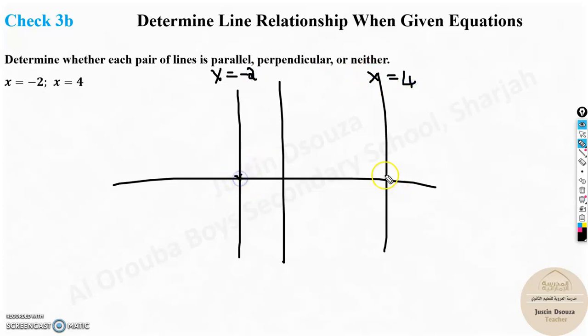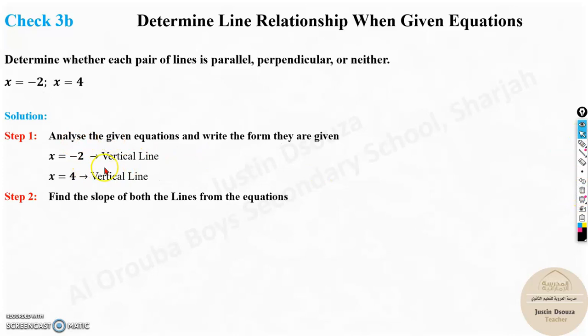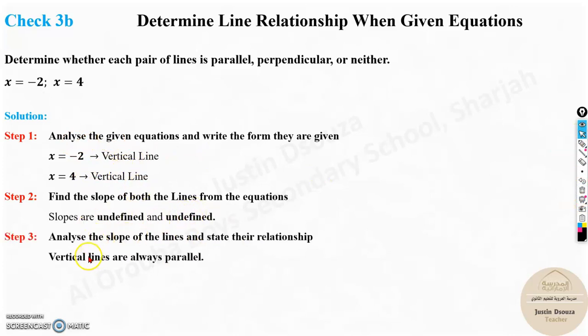So you can see there are two lines over here. Now these are always parallel because they don't intersect. The slopes are the same and they are always parallel. So now these both are vertical lines. You do not need to find the slope. See, vertical lines are always parallel. I hope this is clear.